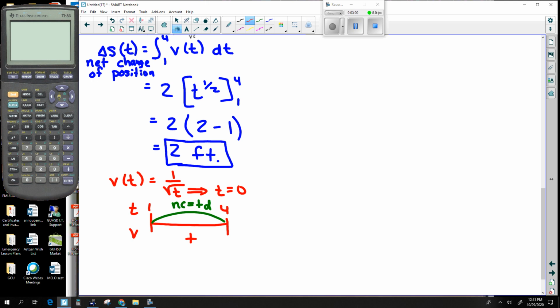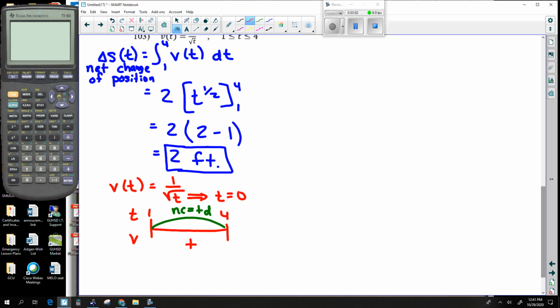So this is also equal to the total distance. Okay, because there was no negative movement. It was all moving to the right, no matter what. It was always moving to the right. There was no movement to the left.